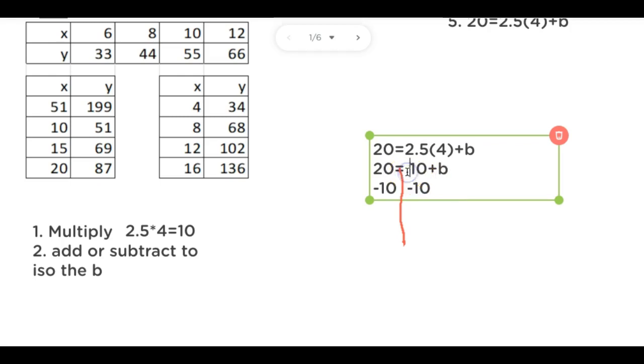When you subtract 10 like that, what happens is this gives me a 0 pair, and I'm left with 20 minus 10 is 10, and then I have equals, and then I have b.